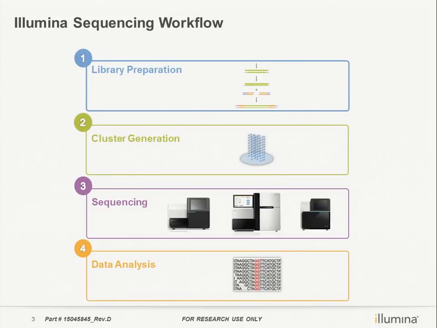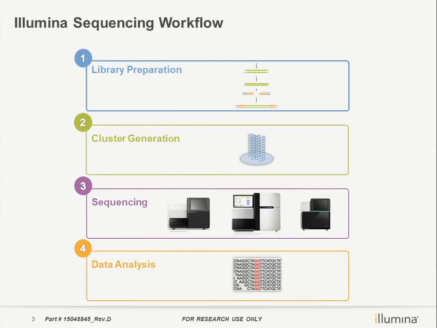Basically, the whole Illumina sequencing workflow can be divided into 4 major parts. It starts from library preparation. I guess some of you should already be familiar with this part, as I know you have sent out samples for sequencing. For library preparation, we have lots of different strategies depending on your application.